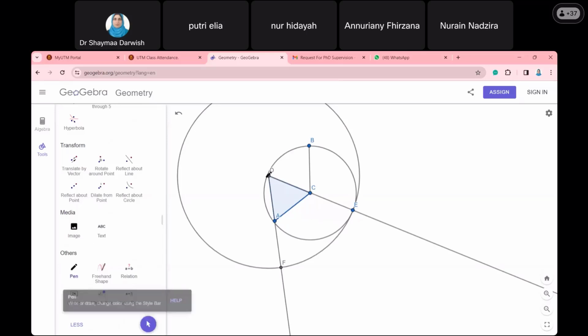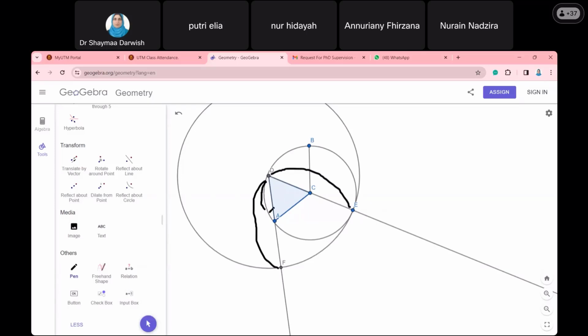Because I have that DE equal to DF. These are two radii of the circle. And this small part is equal to the small part here. So for sure, the rest will be equal to the rest, using the common notions of Euclid.